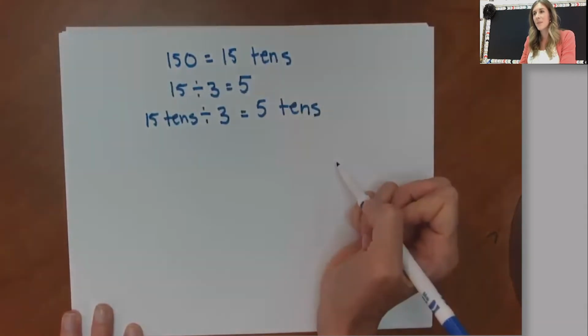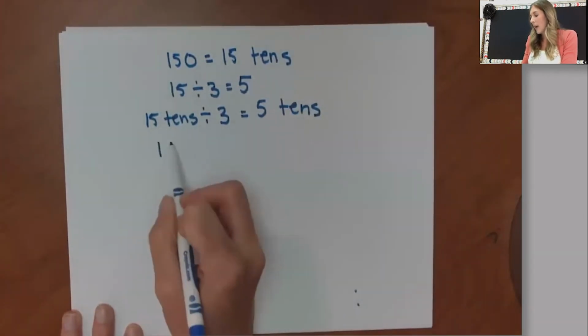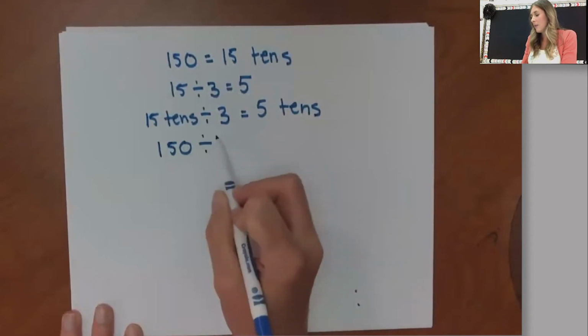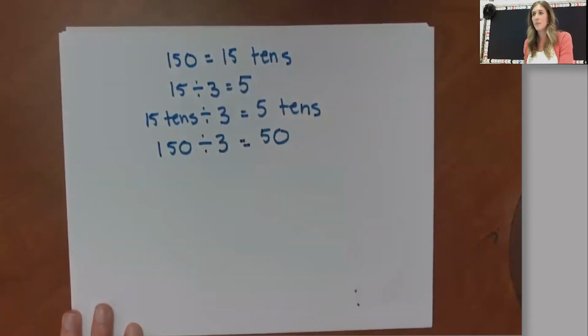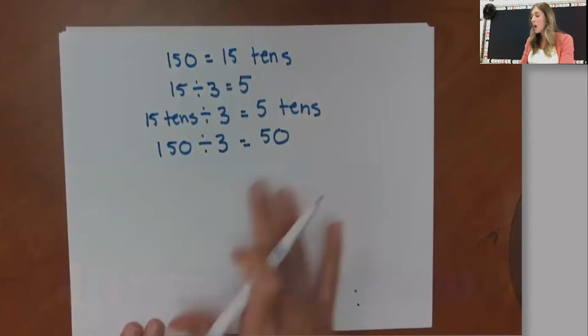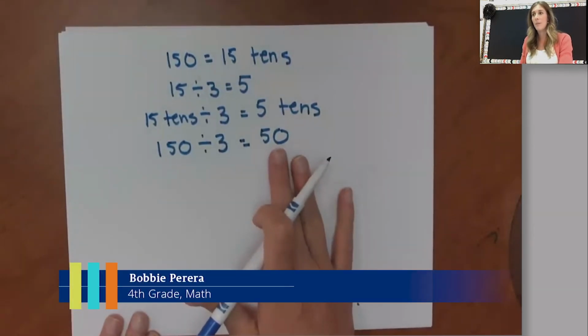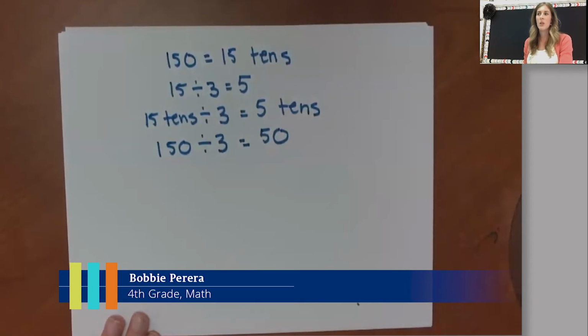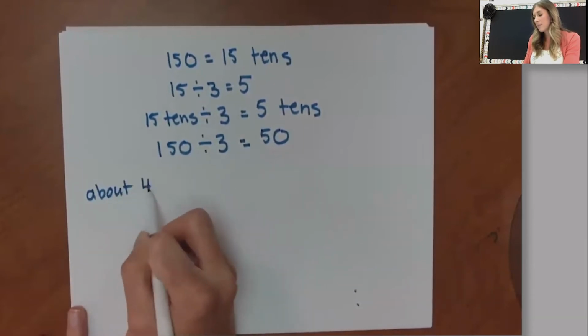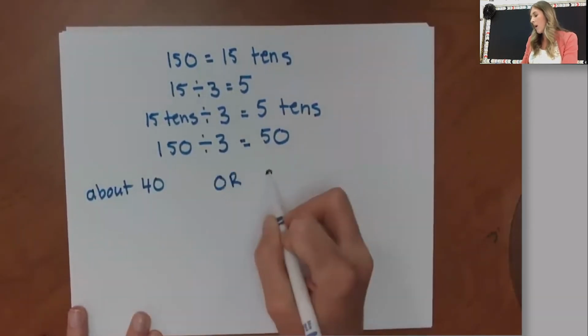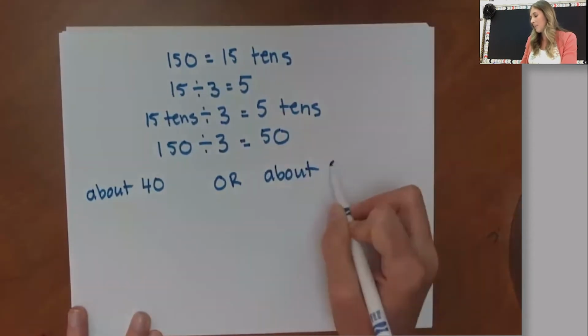So we know that 150 divided by 3 would equal 50. So another good estimate for our original problem, 132 divided by 3, could also be 50. So which estimate do you think is closer to our actual answer? The about 40 beats per minute or about 50 beats per minute?